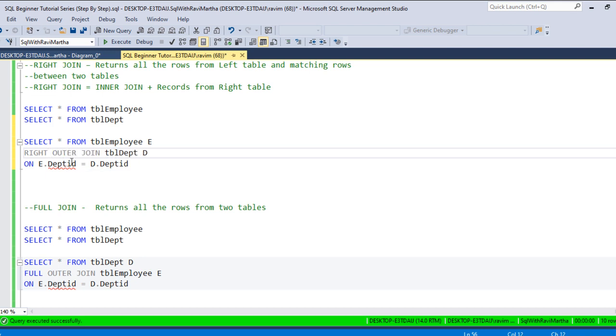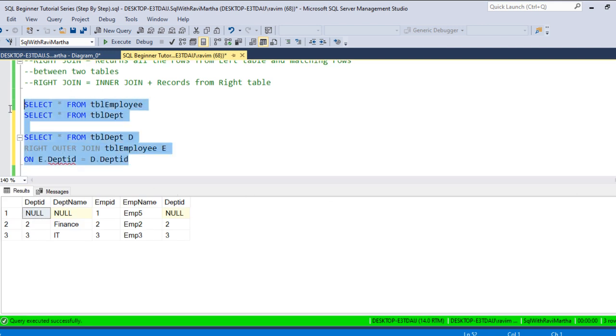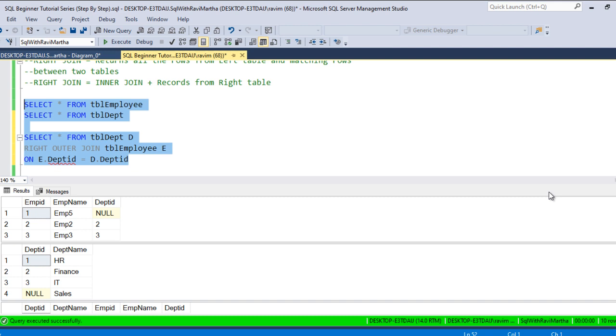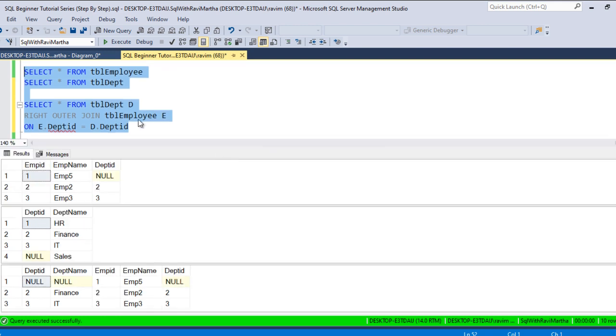It means the same. So now we will swap the tables, right? Essentially, it's one and the same thing which we have seen just before. What we are doing here: the right table is employee, and employee has three records, and in the output also we'll have three records.